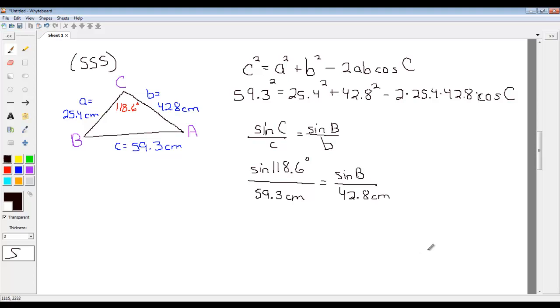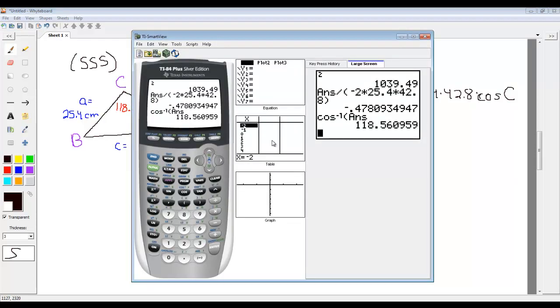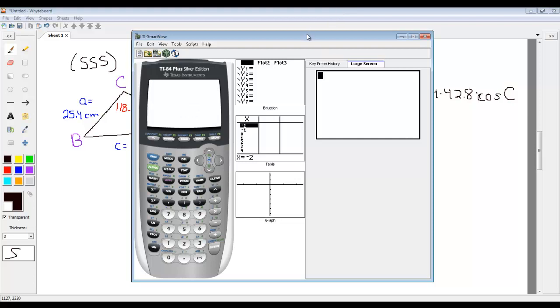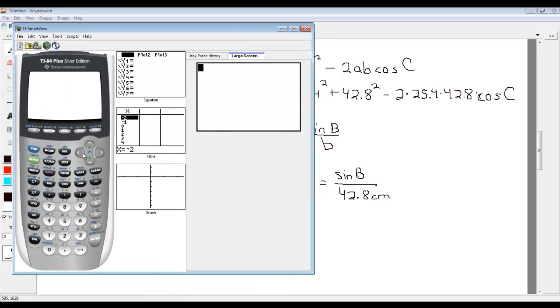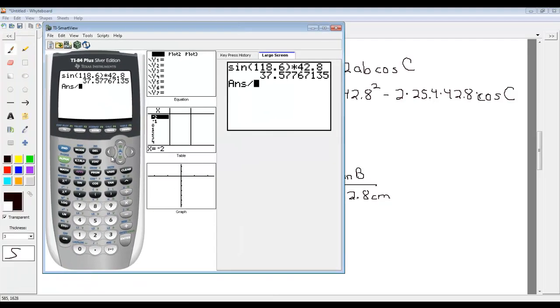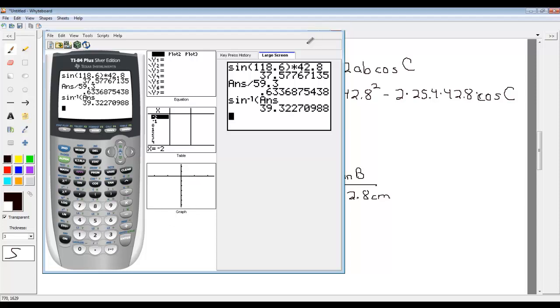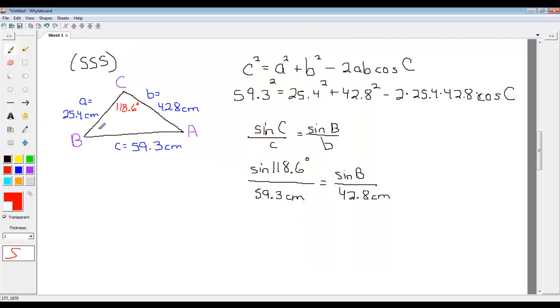Alright, go through, solve for B. So sine of 118.6 times 42.8, then divided by 59.3, then do the inverse sine of that. You get 39.3 degrees, and that's for angle B.